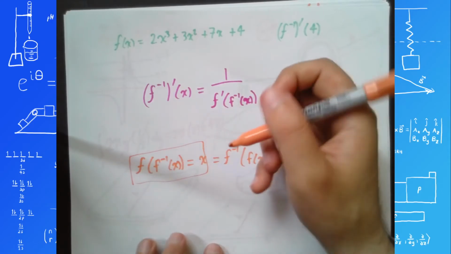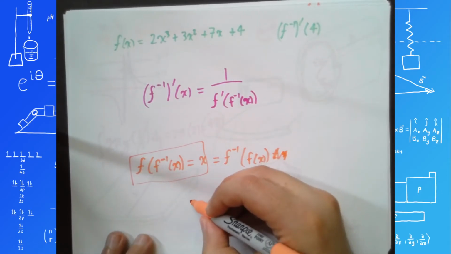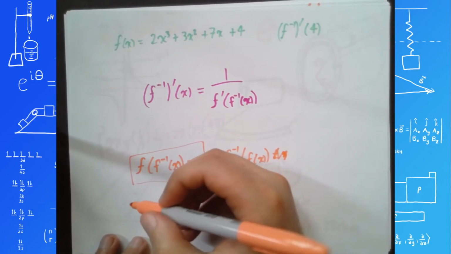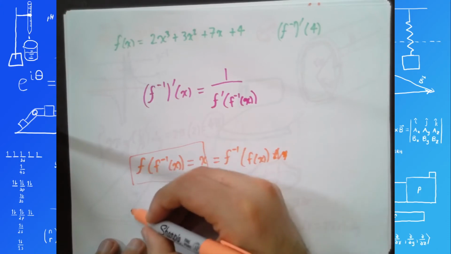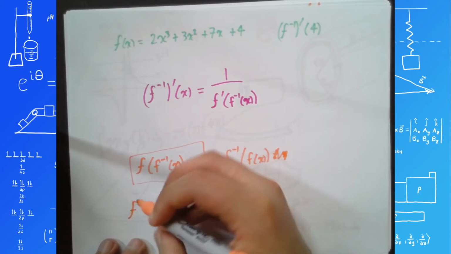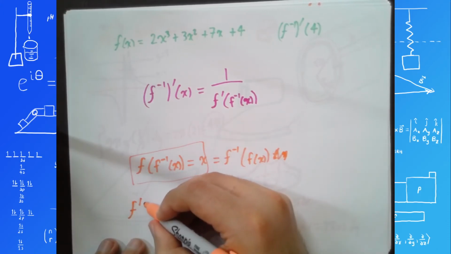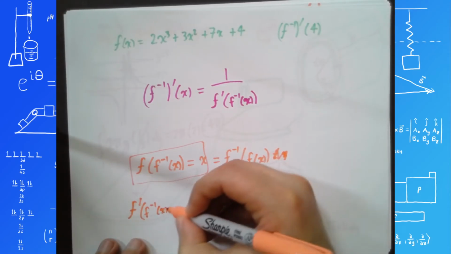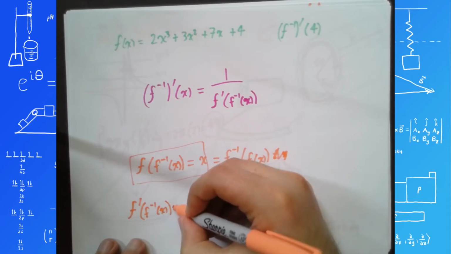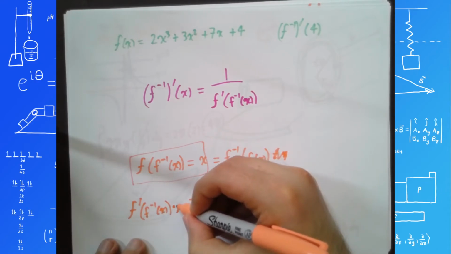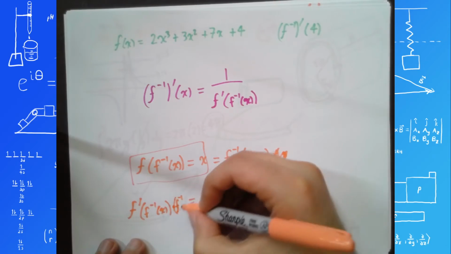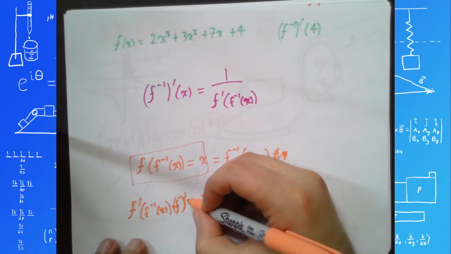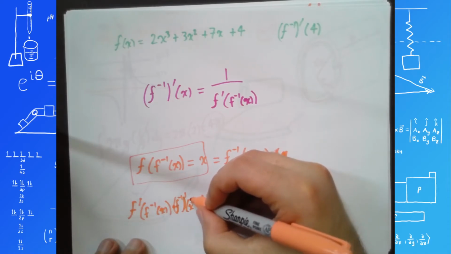So if I differentiate both sides with respect to x, what do I get? The derivative of x is 1. The derivative of f of f inverse of x is a chain rule: differentiate the outer function first, f prime of f inverse of x, times the derivative of the inside, f inverse prime of x, which I did not leave enough space for, apparently.